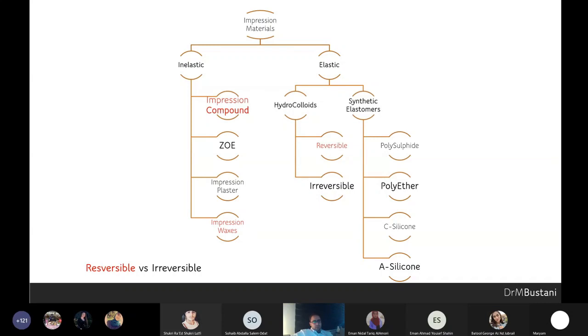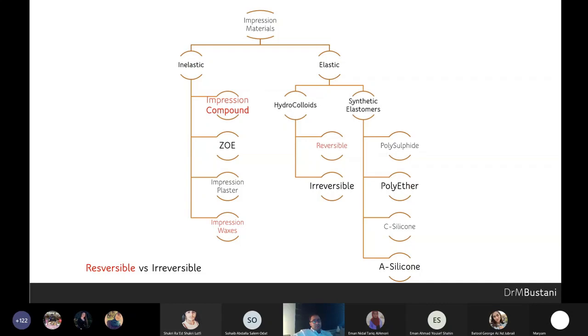Examples of the inelastic materials are impression compound, zinc oxide eugenol, impression plaster, and impression waxes. Most of the time, these are the materials that we are going to use with edentulous patients, those who need complete dentures. Around teeth, we have lots of undercuts, so most probably we'll use an elastic material.